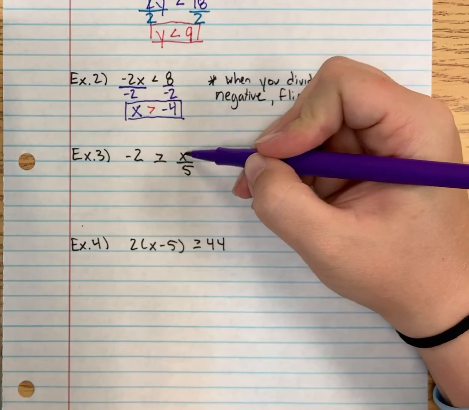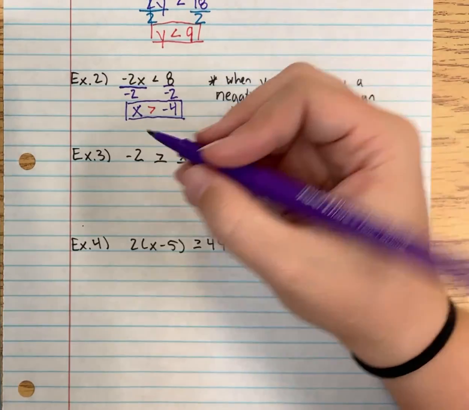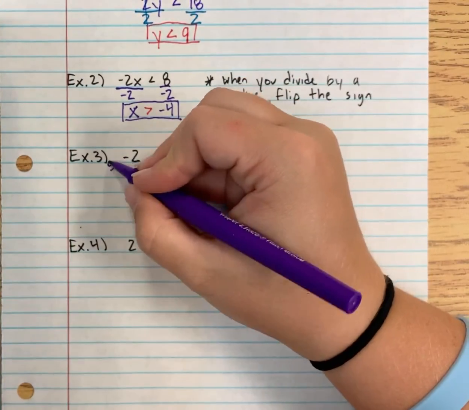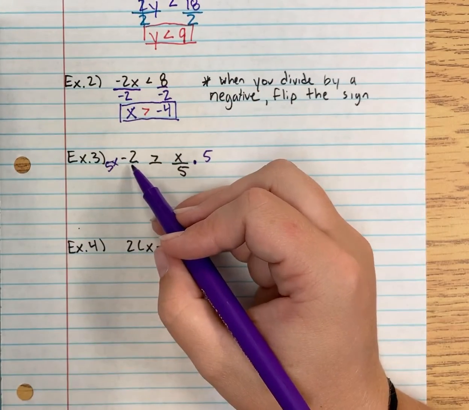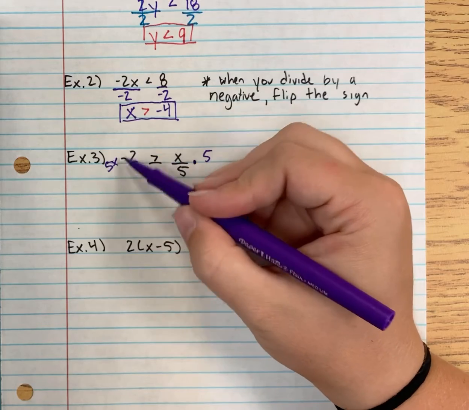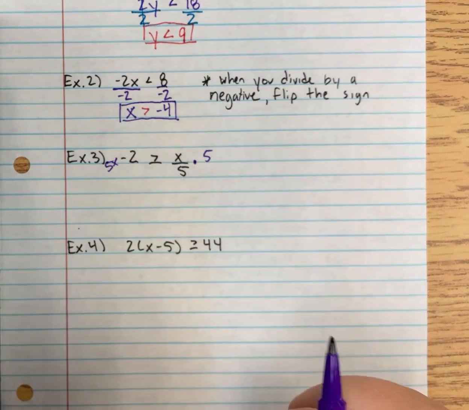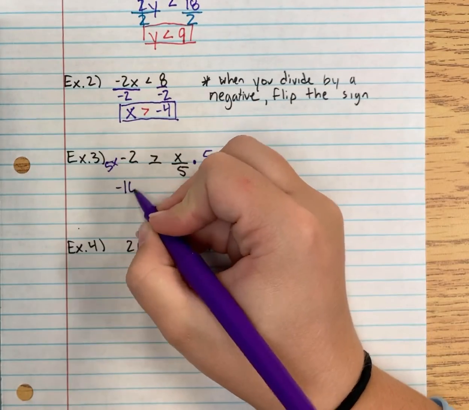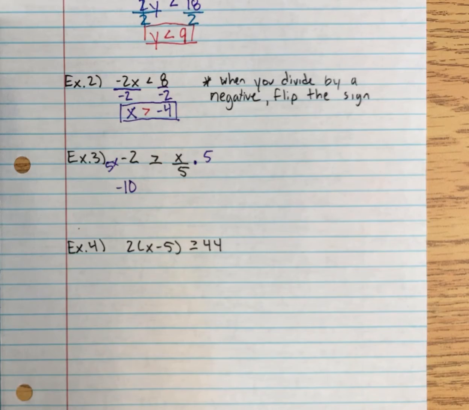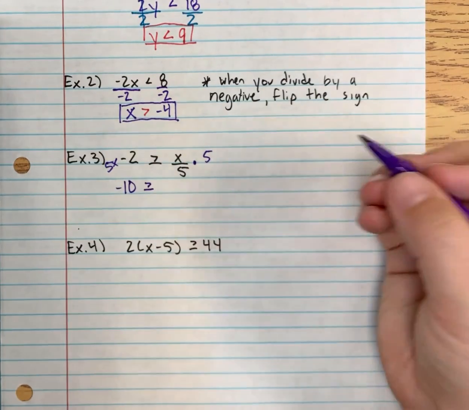This is like saying x divided by 5. So you want to multiply by 5 here, and you want to multiply by 5 on this side as well. 5 times -2. Now, I know the -2 is negative, but the 5 is not, so you don't flip the sign. You just take 5 times -2, which is -10. Okay, and then your sign stays the same.